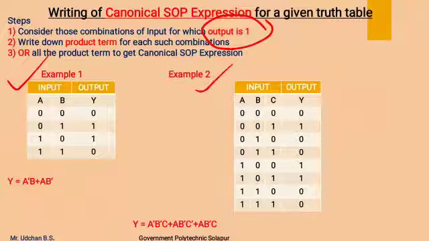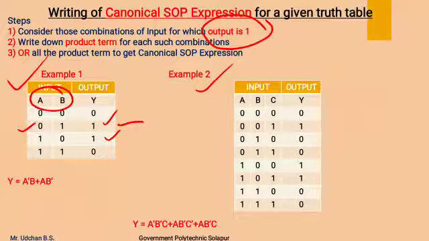Now for this truth table I have to write the SOP expression. For that I will consider those combinations of input for which output is 1. This one and this one. For this the input combination is 0 1.